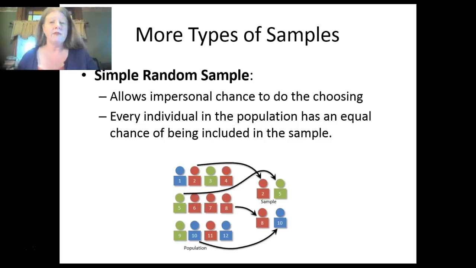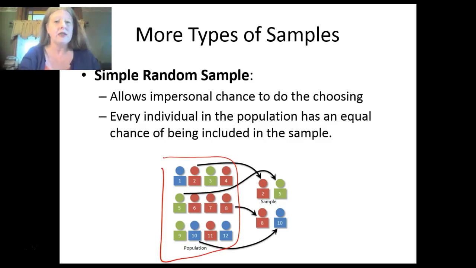So we imagine, for instance, that we have a well-defined population where we can maybe number all the individuals in the population. And then from that population, every single individual has an equal chance of being chosen, and we use some sort of random mechanism to do the choosing.